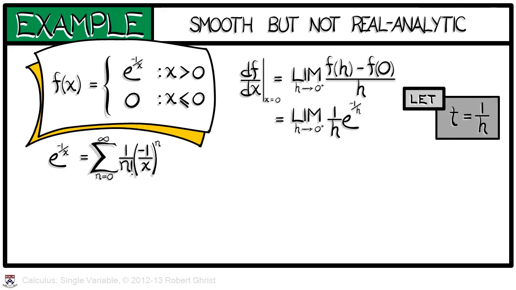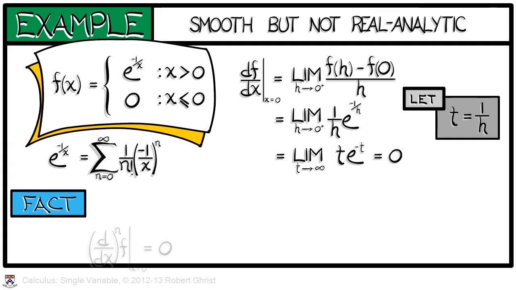If we change variables and let t be 1 over h, then this is the same thing as the limit as t goes to infinity of t times e to the minus t. Now that we know because exponential beats polynomial. This is 0.